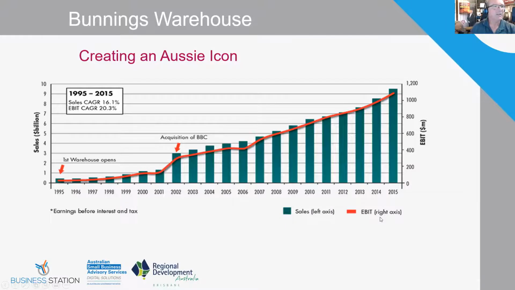So, especially in the retail world, and EBIT is earnings before interest and tax, of course. The interesting thing here, especially within the retail world, and we see this continually being played out in the media, is companies having dives in profit or decreases in sales. And as you can see, the Bunnings model fundamentally has seen unprecedented growth over that 20-year period.